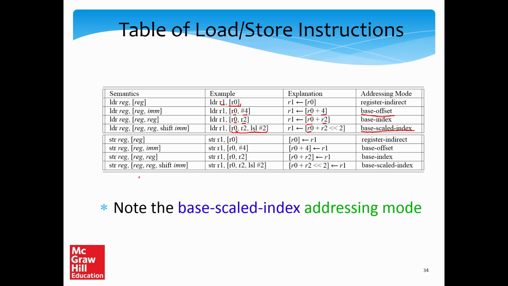This R2, LSL #2 is a shifter operand, and instead of LSL we can have LSR, ASR and ROR, so all 4 of those shifts are allowed. Here we have given LSL as an example. We are taking R2 and shifting it to the left by 2 positions. So R0 is the base, R2 is the index, and we are scaling the index, which means multiplying the index by 4, the same as left shifting it by 2 positions.